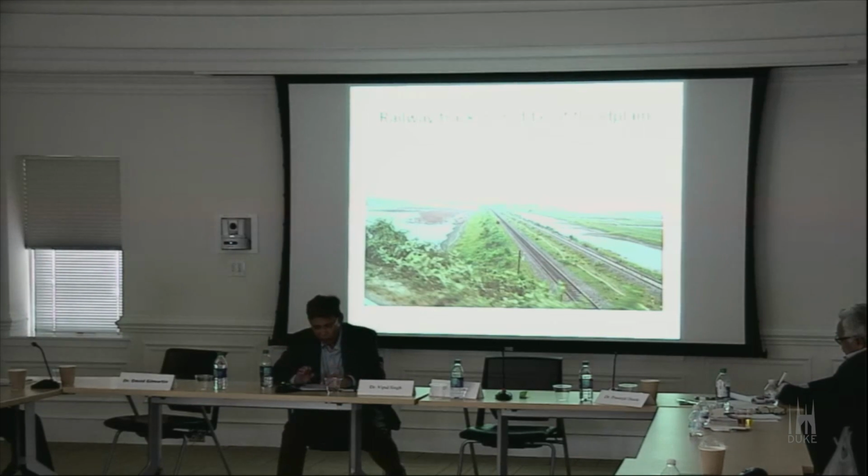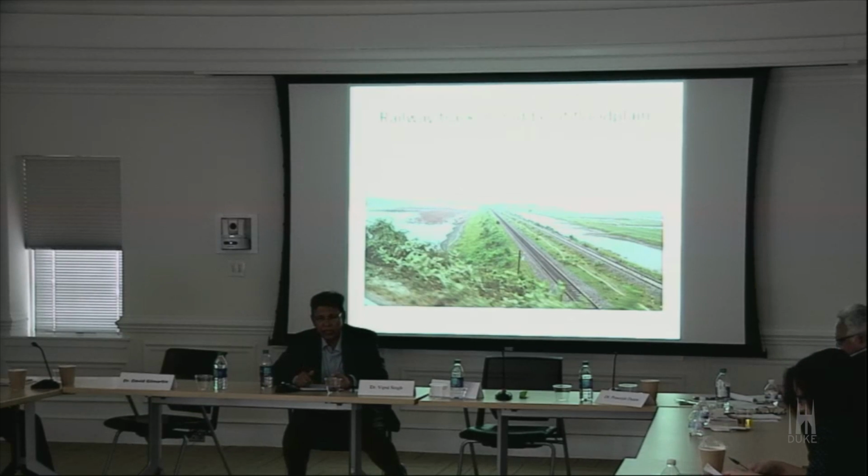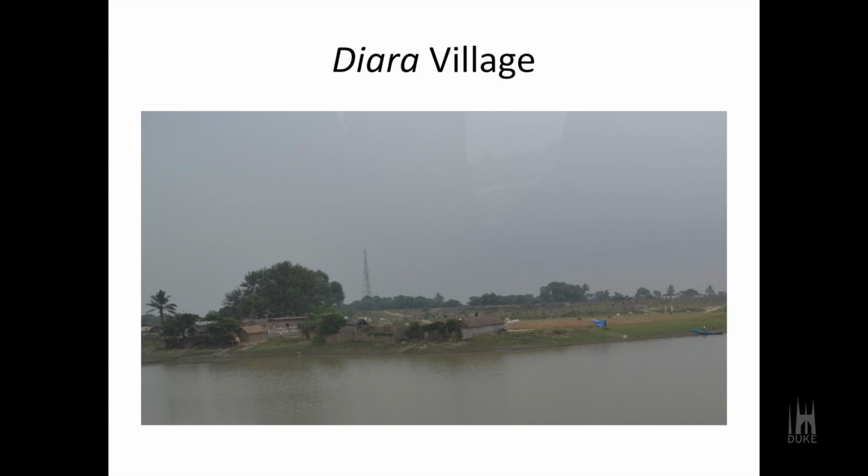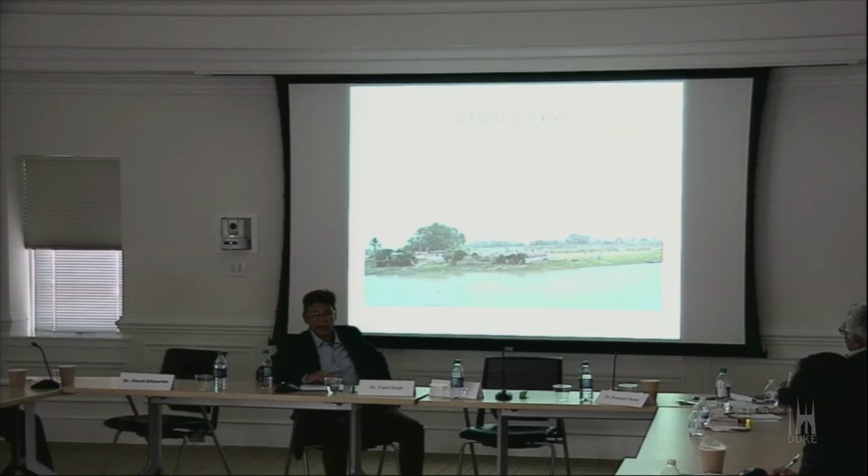Now, one of the areas which I intend to touch upon, other than these largely cultivable areas, is the Diara area. Now, Diara is essentially a vast landmass around the rivers, which is in the lower Gangetic Basin. It is also known as the Char land.